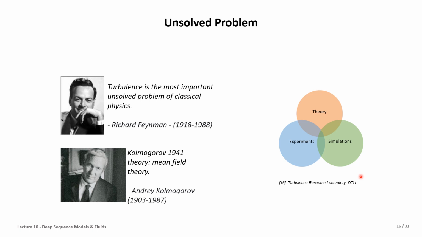Therefore, deep learning and machine learning applications are included in this area, and we can apply them with the help of experiment, simulation and theory to understand the structure of turbulent flow.